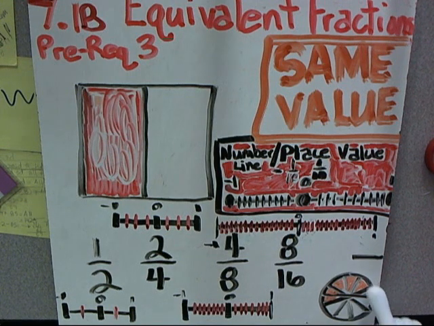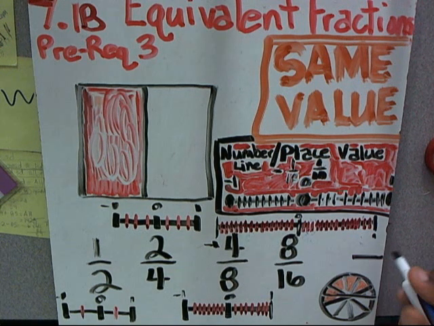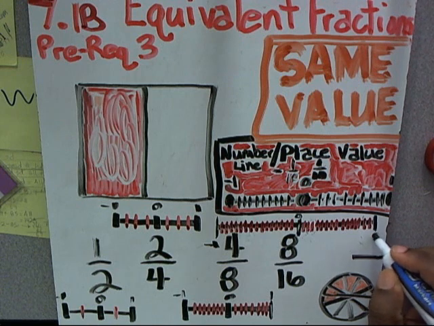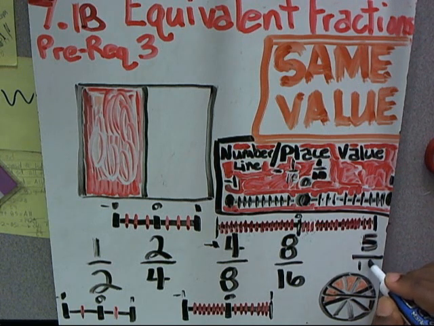We also showed a pictorial graph of a 10-piece circle where there are 10 parts in it. 5 parts are colored in orange, which gives us a fraction of 5 over 10.